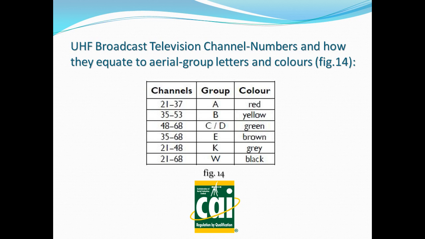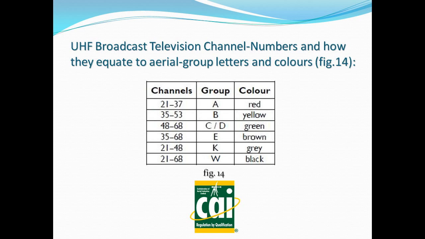Channels 35 to 53 inclusive are covered by aerial group B. That's the middle portion of the UHF band 4 and band 5 spectrum. There's an overlap between the top of UHF band 4 and the lower channel numbers of UHF band 5. That's covered by aerial group B, colour-coded yellow.